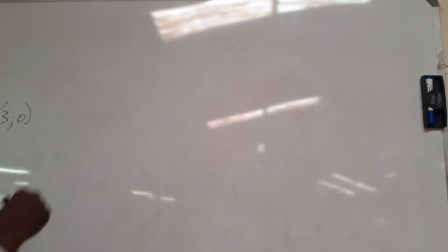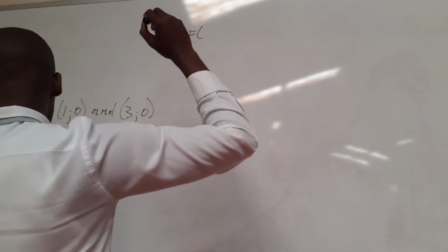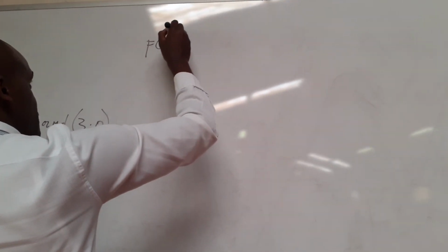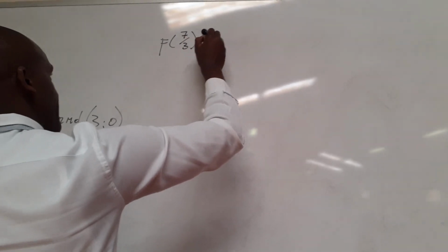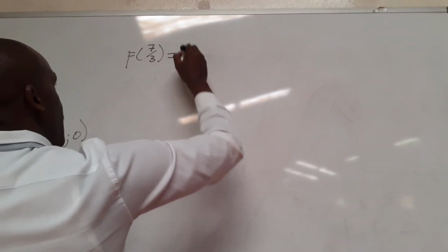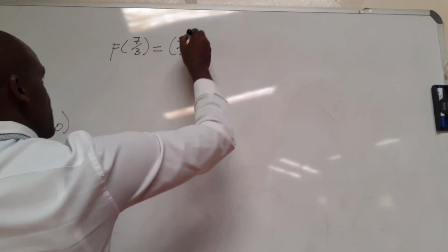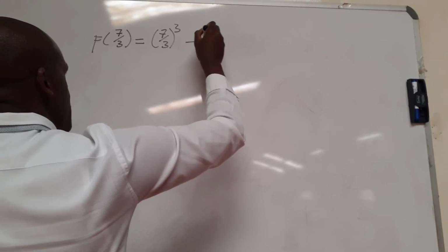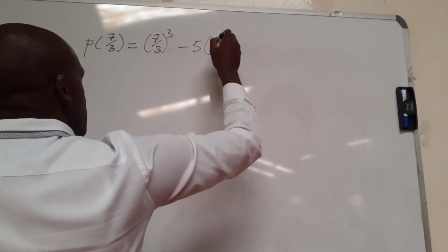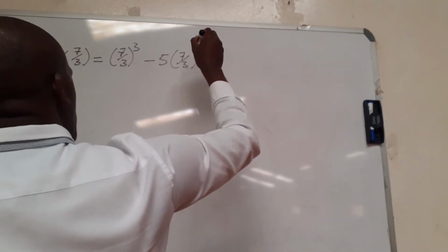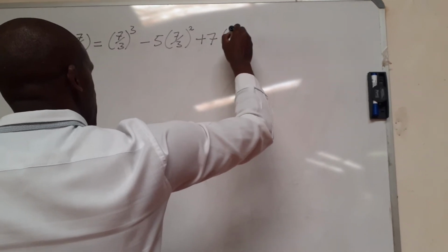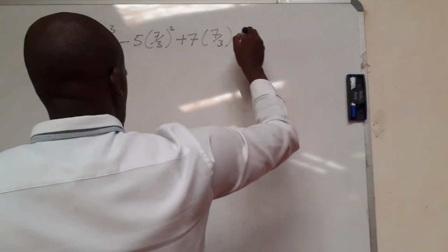Let's find the y values at the turning point. We substitute these x values into the original equation. So let's find f at 7 over 3. In the place of x, we put 7 over 3, minus 5 times 7 over 3 squared, plus 7 times 7 over 3, minus 3.